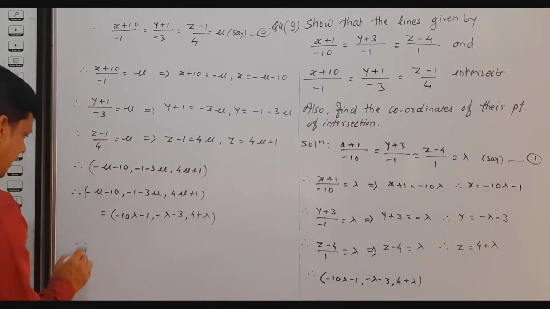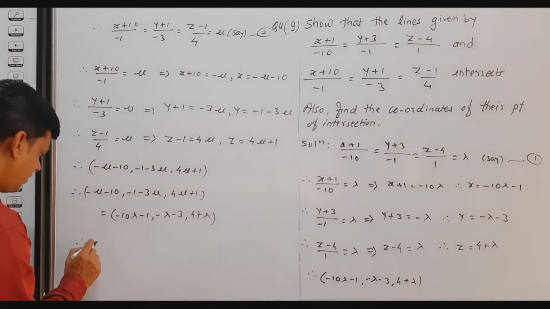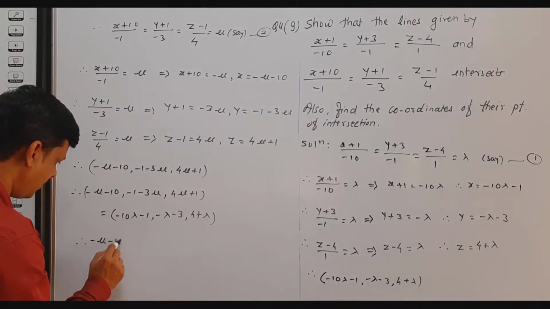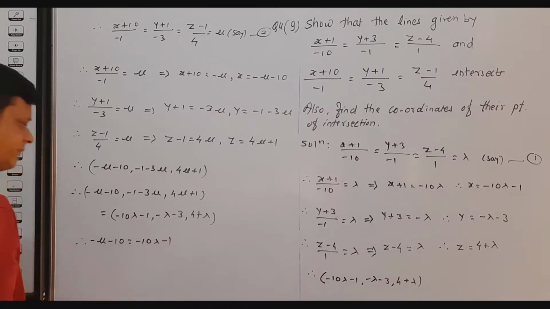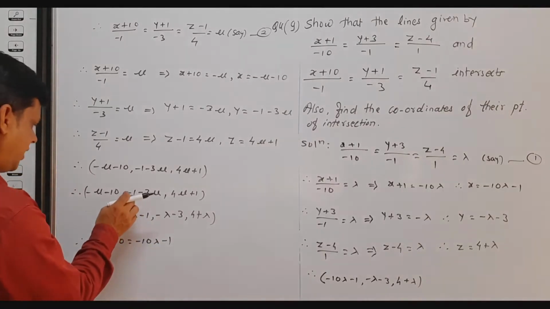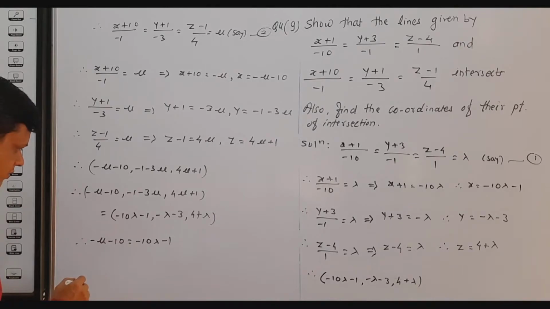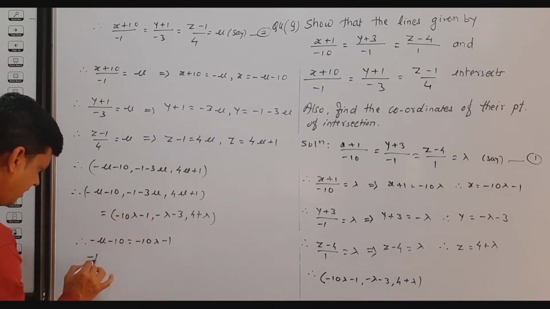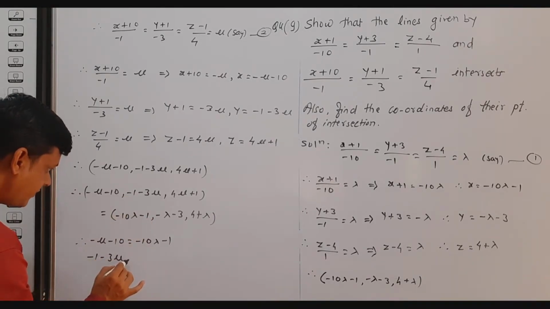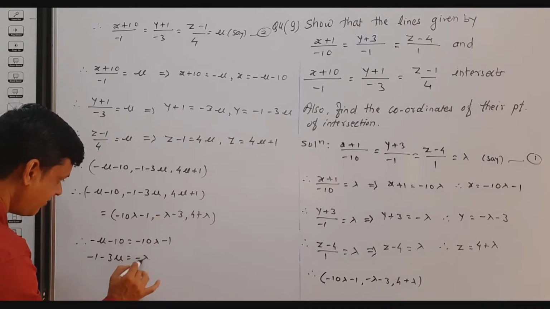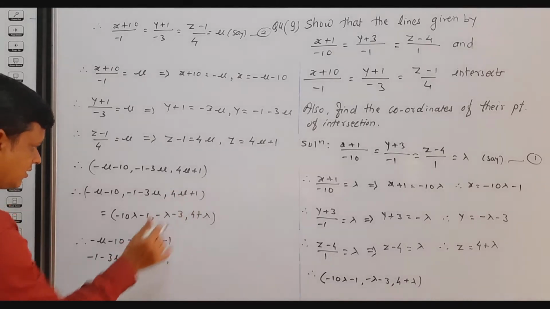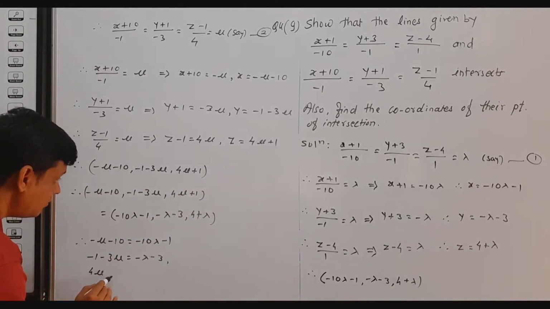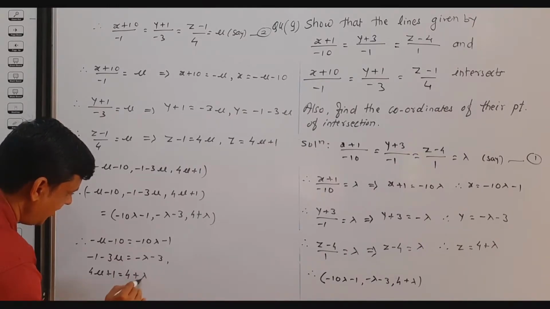So when we equate x coordinate with x coordinate, we get minus mu minus 10 is equal to minus 10 lambda minus 1. Similarly, when we equate the second, we write minus 1 minus 3 mu is equal to minus lambda minus 3, and for the last, 4 mu plus 1 is equal to 4 plus lambda.